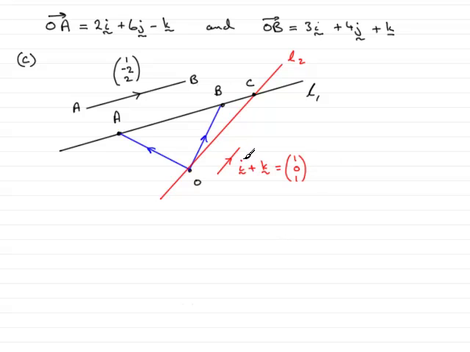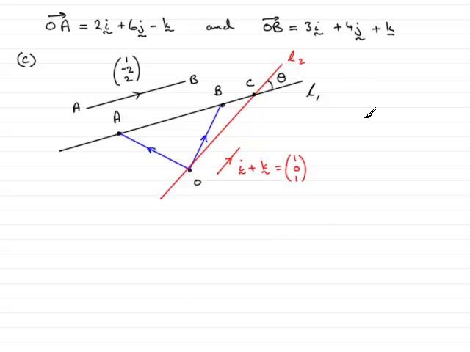Now in part C we've got to find the acute angle between the lines L1 and L2. So how am I going to do that? Well, this is the angle, say, up here. Let me call it theta. Now when you're finding an angle between two vectors, you have to use the scalar product.